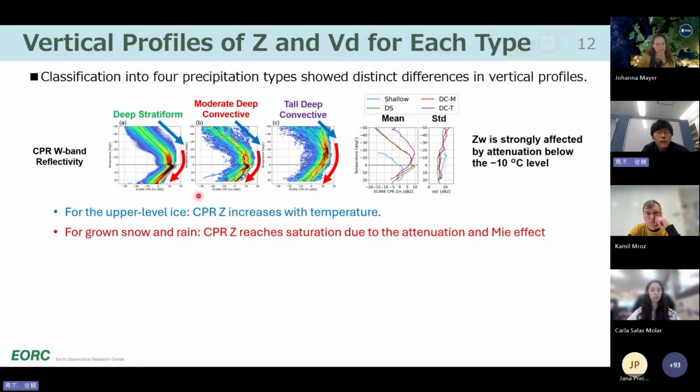Again, for the upper level ice clouds, CPR increases with temperature, but in grown snow and rain, CPR reaches saturation and gets lower because of the attenuation.